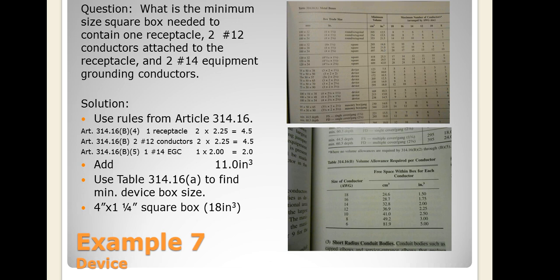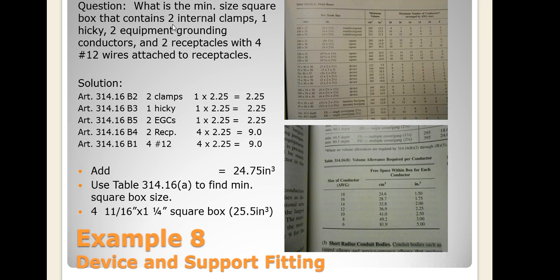The last example, what is the minimum size square box that will contain 2 internal clamps, 1 hickey, 2 equipment grounding conductors, and 2 receptacles with 4 number 12 wires attached to the receptacles? You go to this article, 314.16(B)(2).